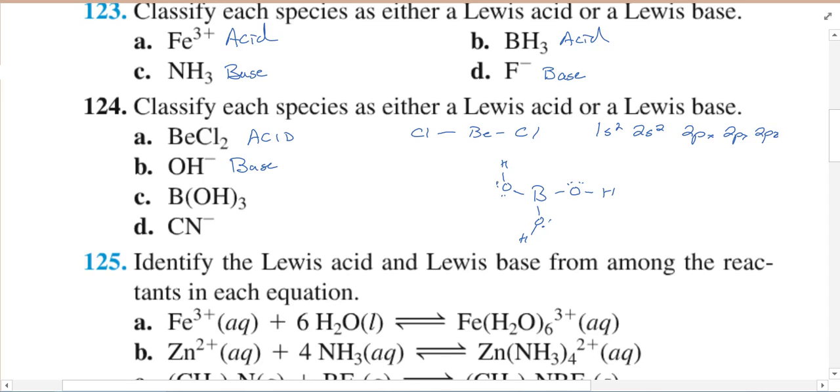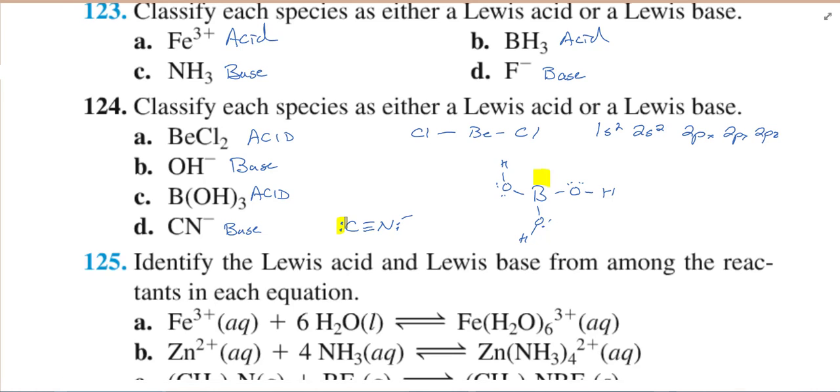It's polar, but polar bond, not a polar molecule, polar bond. But boron can accept electron density. You can accept electron density here, so this is going to be an acid. Cyanide, most of the time, if you're negative, you're going to be a base. CN minus, especially these ones. Both of them can do it, both pairs, but mostly the C can attach. So cyanide is a major base.